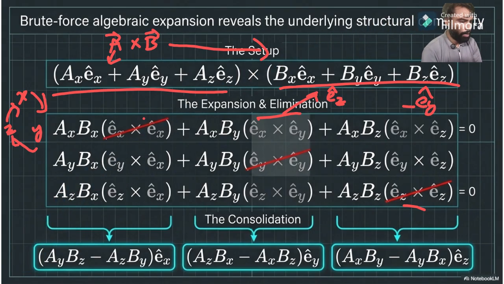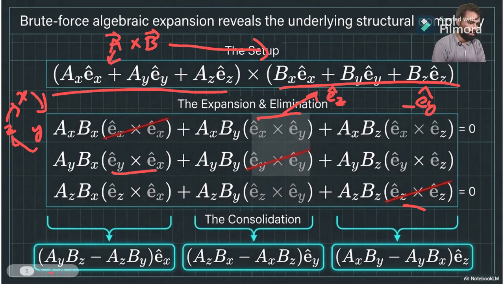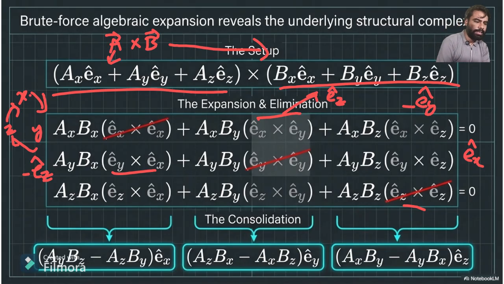Now ey cross ex is also reverse cyclic, that will give you minus ez. The same parallel vectors will not be there. And now ey cross ez, that is ex. And ez cross ex will simply be ey, no need for minus. ez cross ey is minus ex.